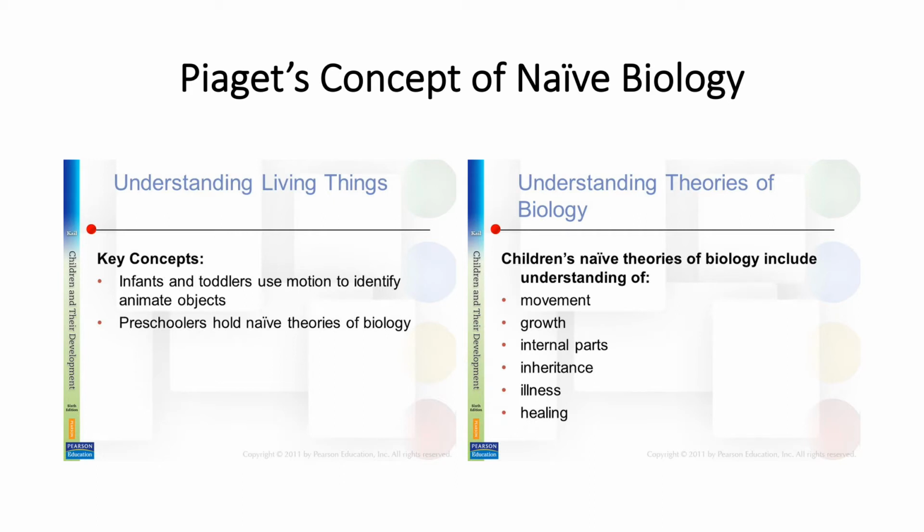For example, they assume that if something has motion, then it's an animate object, and they'll associate motion with life. Growth is an intuitive sense for things that are alive. They grow, they have internal parts, they can get sick and heal up. Those are just some things that kids have an intuitive sense about having to do with biology.